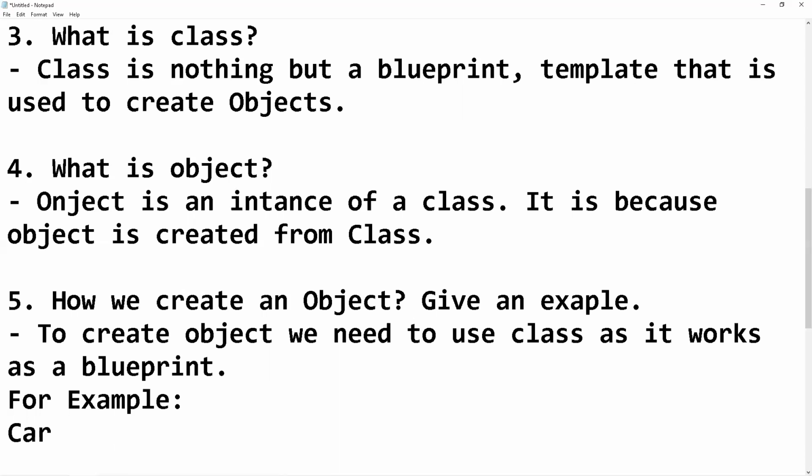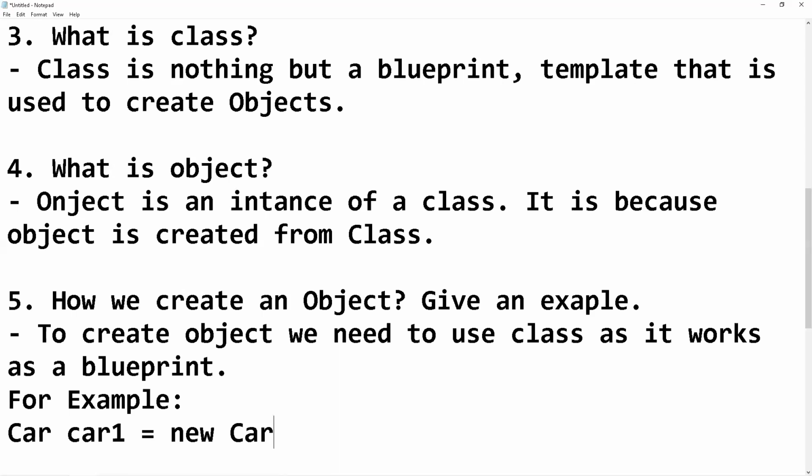Then I'll take a variable. We call it reference variable. It can be car1 or any name of a car. Then equal sign, and we take the new keyword. When we type the new keyword, we start creating a new object from the car class.